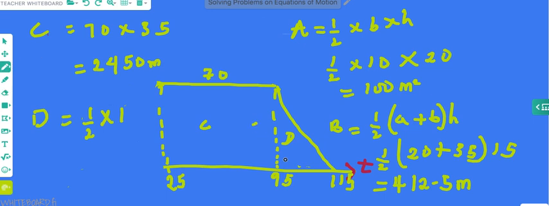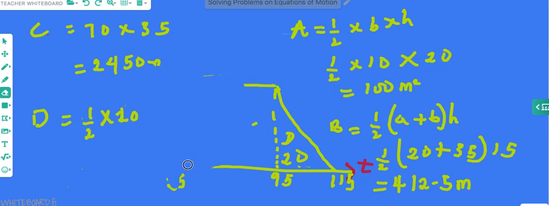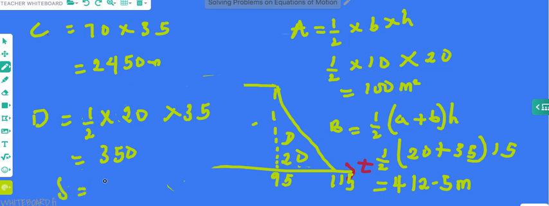So we have 20 multiplied by 35, and our answer is going to be 350. So the area of D is 350.